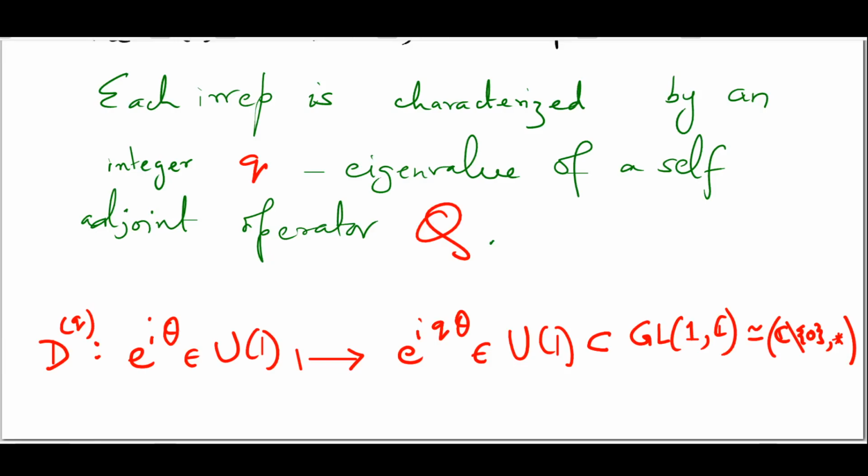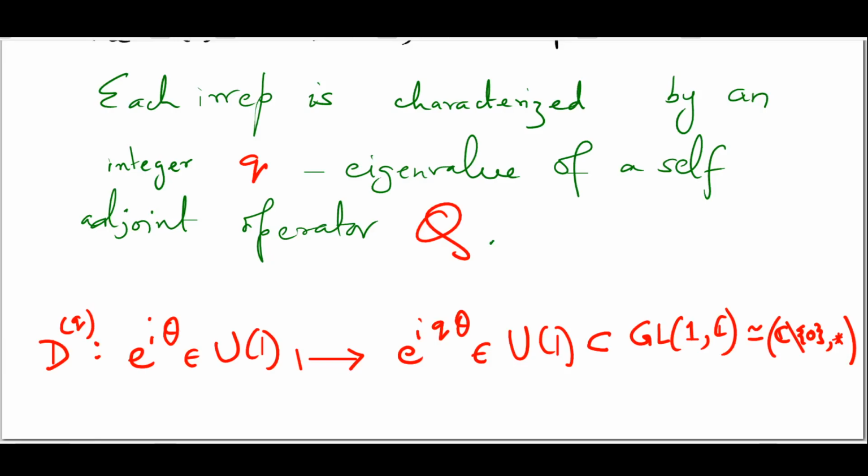Remember, whenever we talk about the representation of a group on a vector space V, basically we are talking about a map which maps elements of the group onto elements of a subset of GL(V).